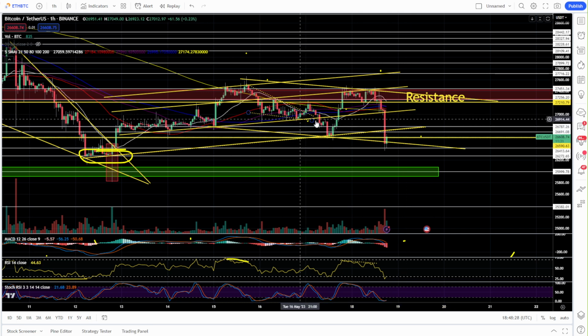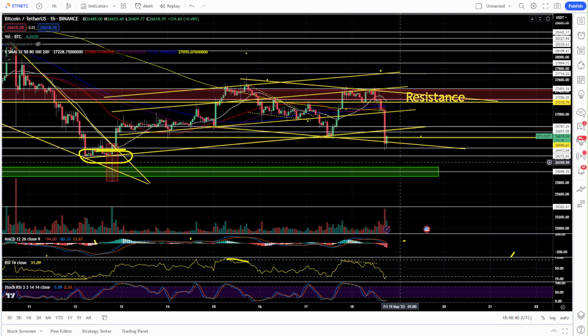Like, what's the next pattern? If you flip this level, then you're coming back up here. If you don't, then you're going to see more downside. So it's like, okay, what to watch? Plan A, plan B, right? Get rejected, you lose this level here.